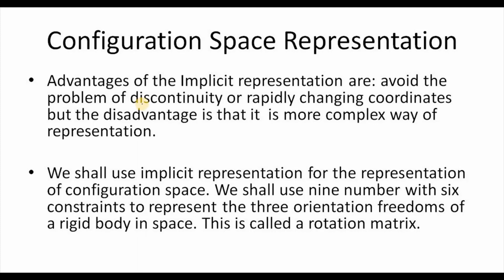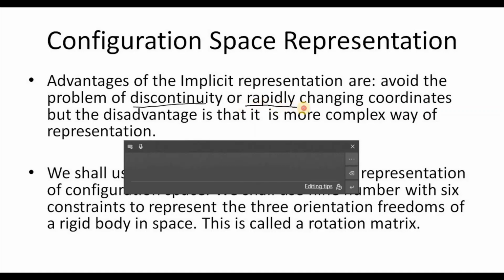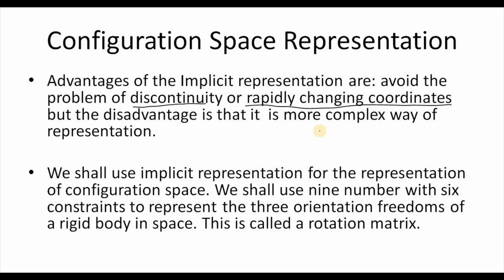So if we use more coordinates with some constraints, then we solve this problem of discontinuity or rapidly changing coordinates. But the disadvantage is that it is a more complex way of representation.